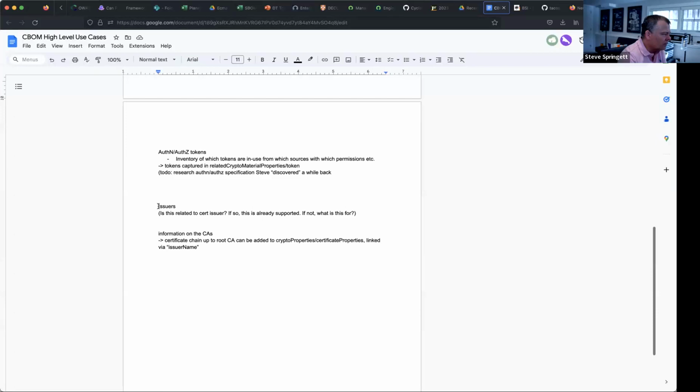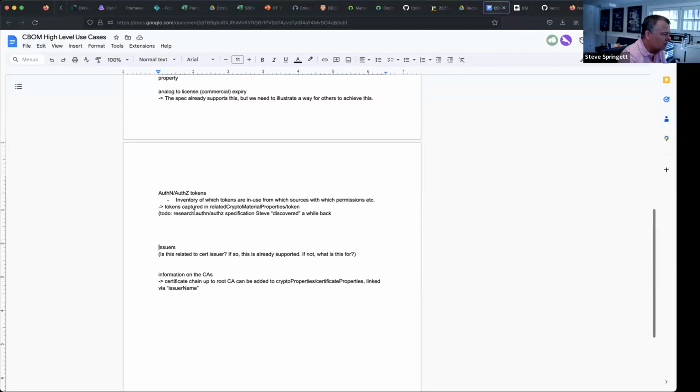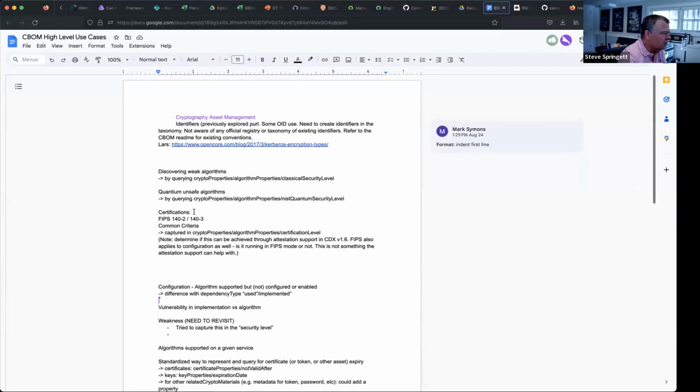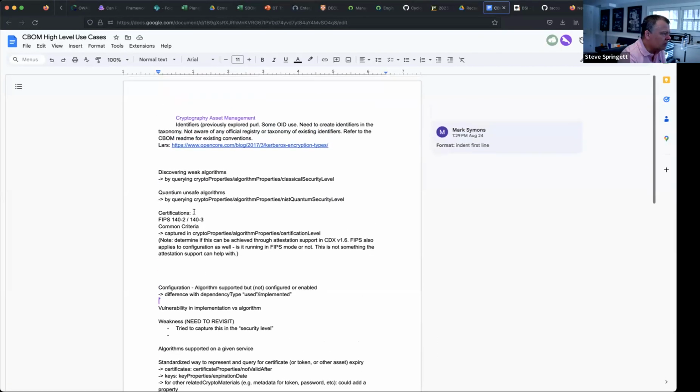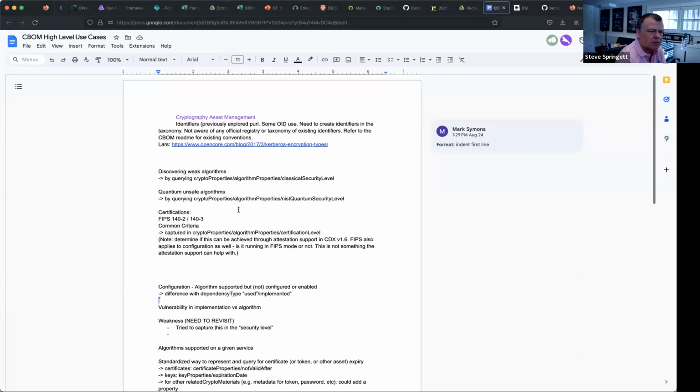We either figure out what this means or take it out. But it looks like these use cases, which I believe is probably the majority of them, seem to be already covered with the spec. Is that an accurate statement?